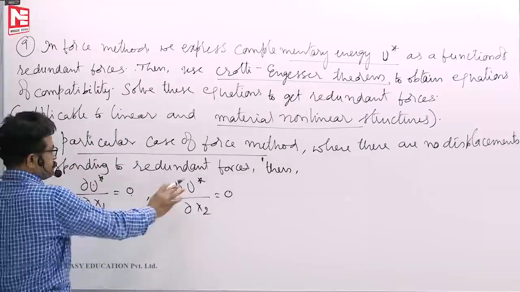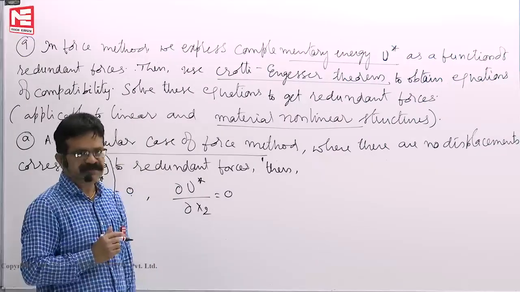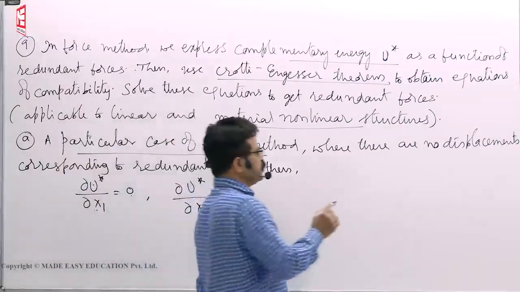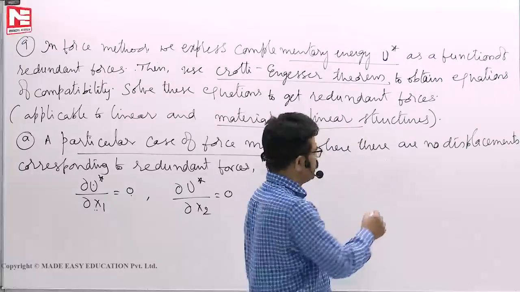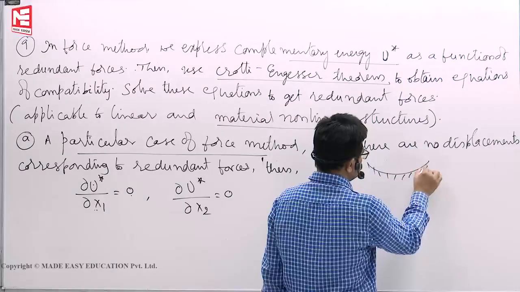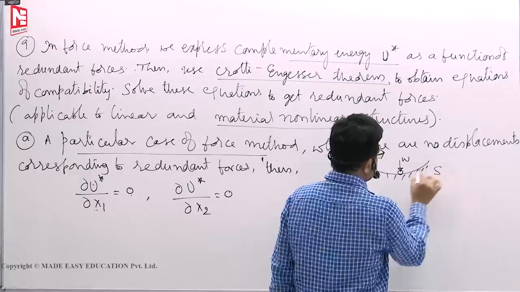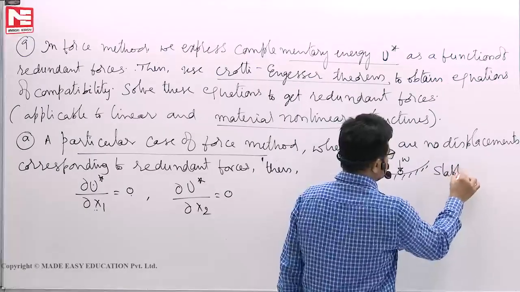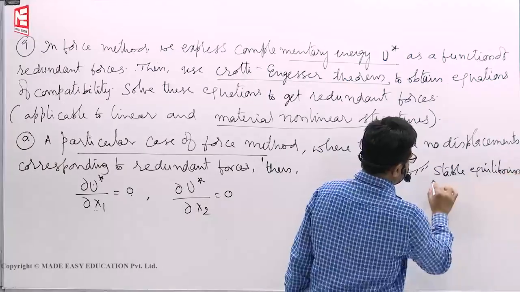if the structure is in stable equilibrium, strain energy stored is minimum. I have told you the types of equilibrium in engineering mechanics. Supposing you have a structure like this, some load W, this is a stable equilibrium, right?